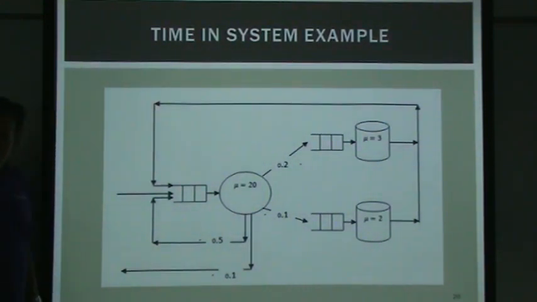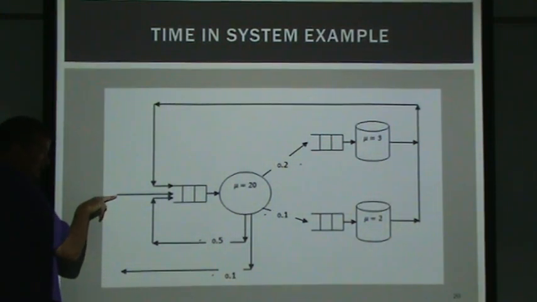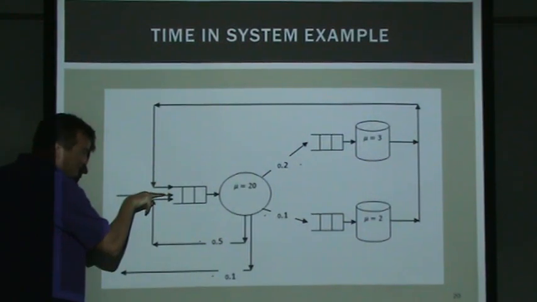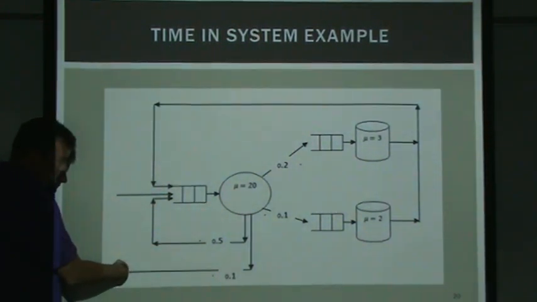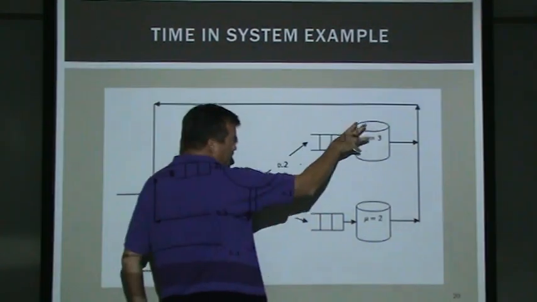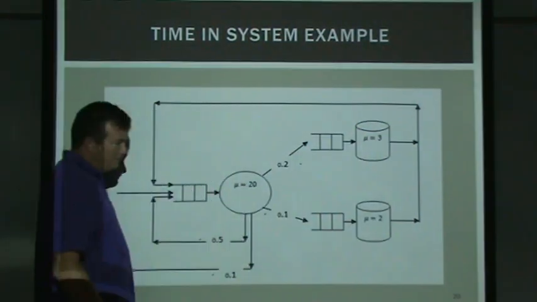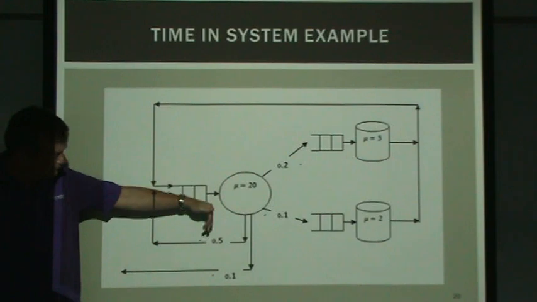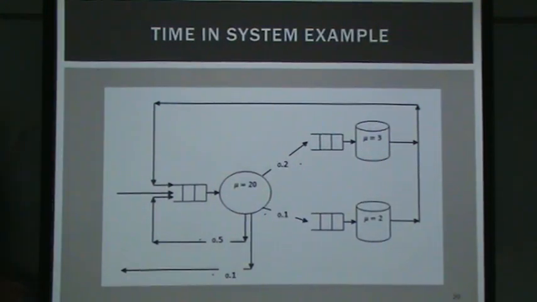Does anybody remember, or anyone who wasn't here last class want to take a guess? If we wanted to calculate how long it takes from when we come into the system until we leave the system, if it hits this queue a certain number of times, this queue a certain number of times, and this queue a certain number of times, how would we calculate the total amount of time until we finished?